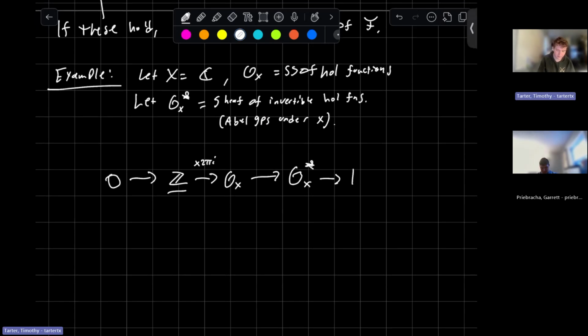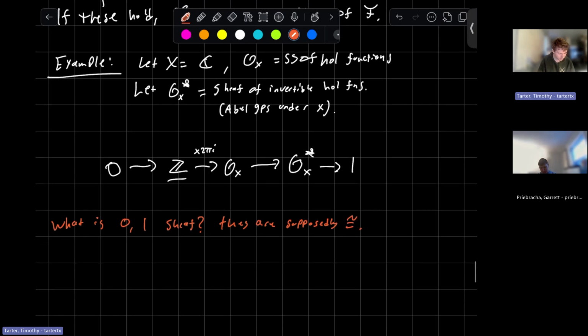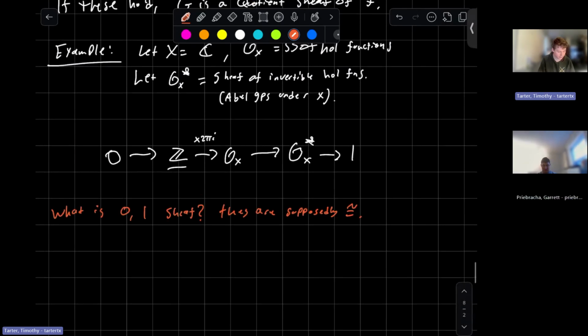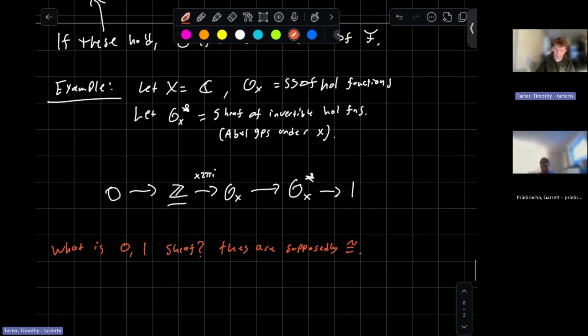And what does sheaf 0 or sheaf 1 mean? What is the 0, 1 sheaf? They are supposedly isomorphic. The claim is that this is an exact sequence.